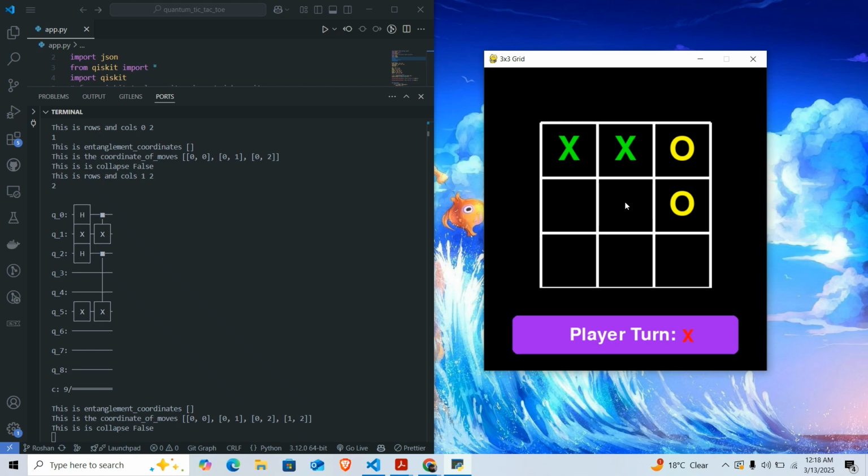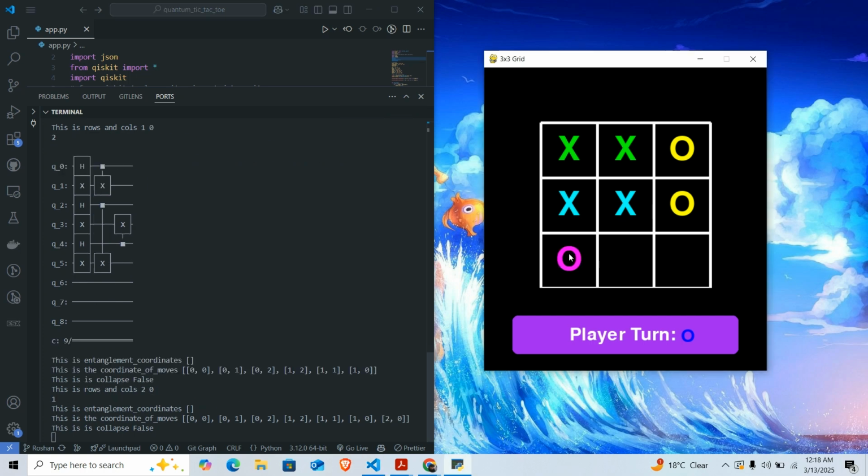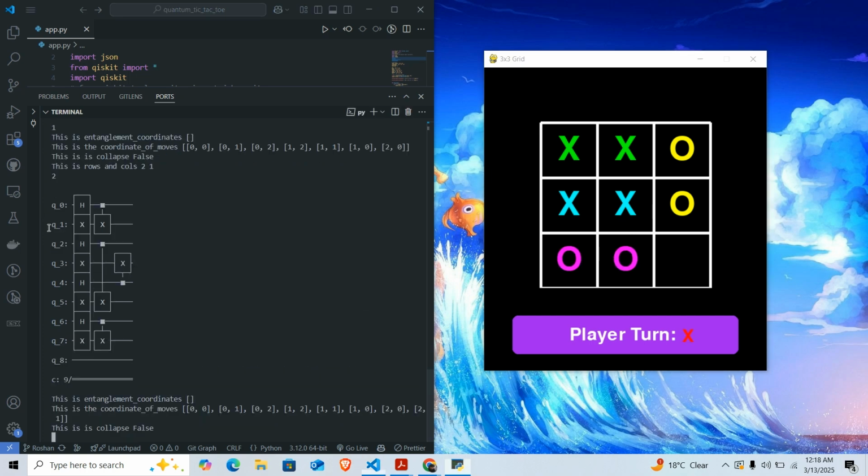Now again it's X's turn. You can see the circuit is being updated, for the third and the fourth. And then again it is O's turn. You can see the circuit here.